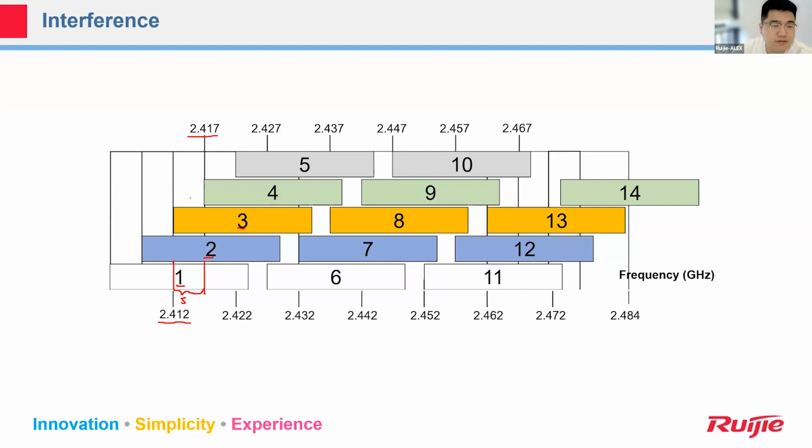Okay, and when we directly look at the picture, you can see these parts of channel 1 and channel 2 are the same, right? They use the same frequency. And for channel 1 and channel 3, it's the same. You can see for channel 1 and channel 3, this part has the same frequency, right?